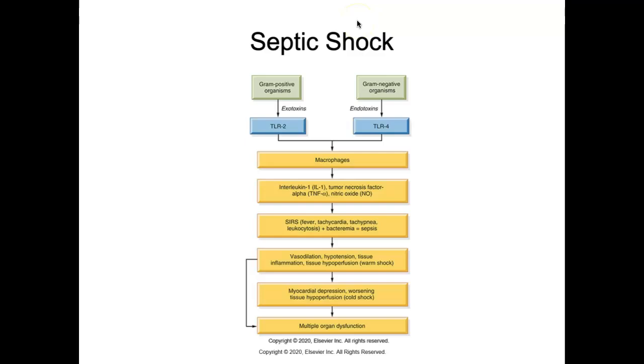And so now we have all this release of anti-inflammatory mediators, and we also have an impairment of the immune cell function. And this immune suppression is called CARS, the compensatory anti-inflammatory syndrome. And eventually this shock is going to lead to multiple organ dysfunction.